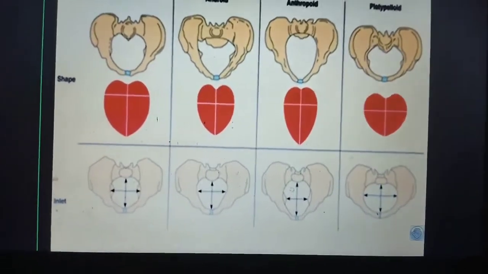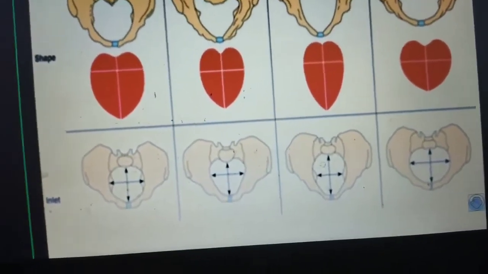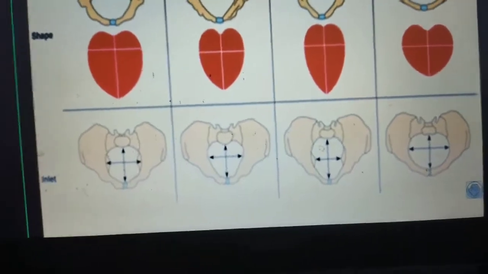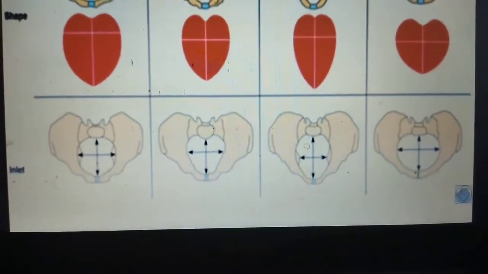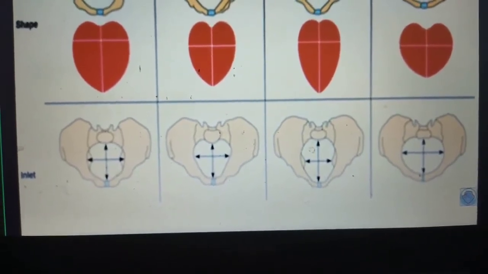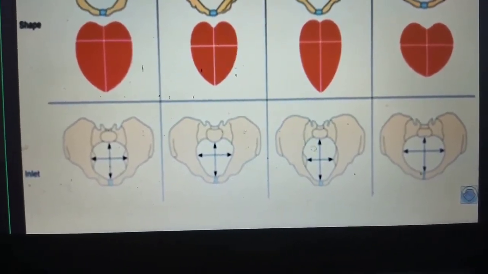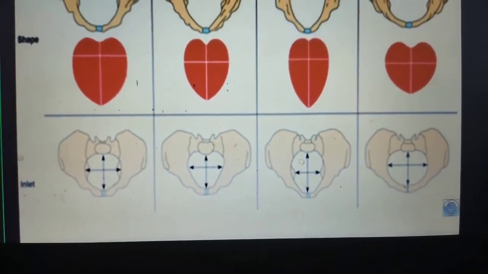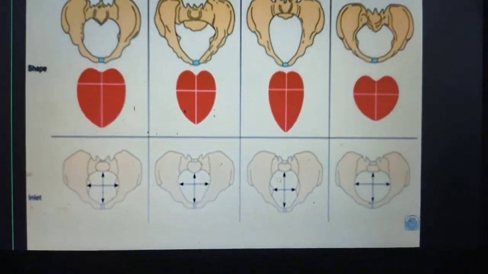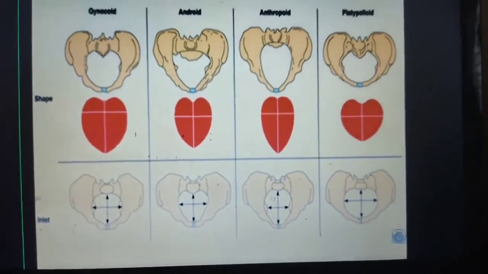You can see that in the android type of pelvis, the transverse diameter is located more posteriorly, as the anterior segment is narrower, and by transverse diameter we mean the maximum transverse distance between two identical points of the pelvic brim.